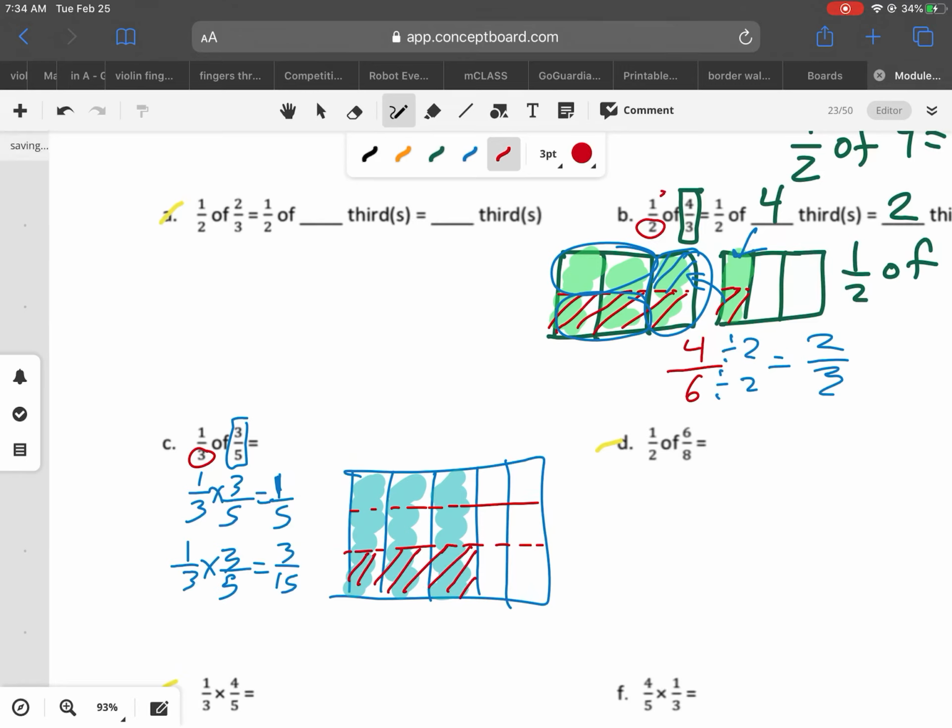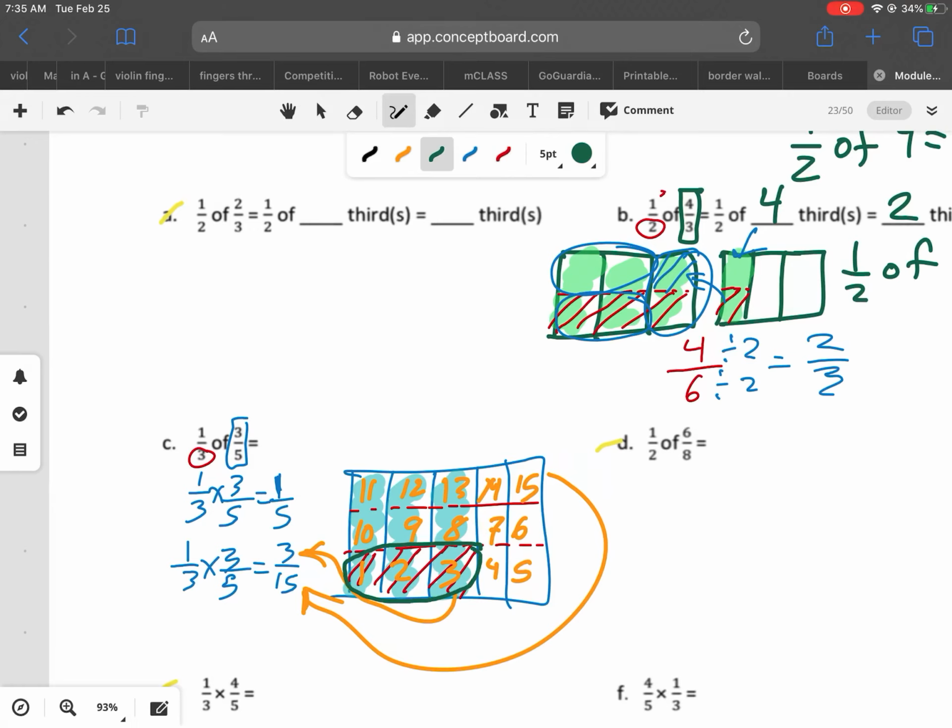Alright, and then we're going to shade one of those sections. Okay, so we have 1, 2, 3, 1, 2, 3. That's where we get our 3 here. If we keep counting, 4, 5, 6, 7, 8, 9, 10, 11, 12, 13, 14, 15. We have 15, and that goes there.